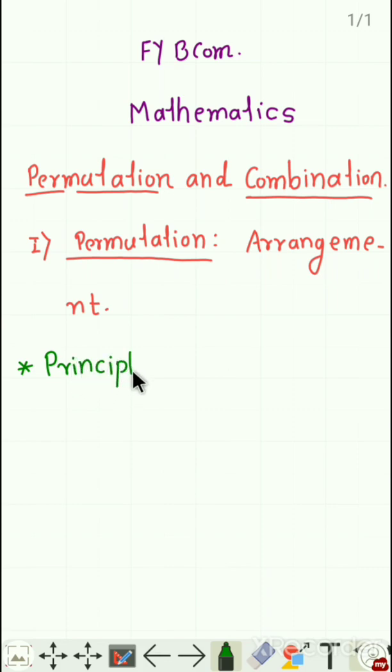Principles. So first is the addition principle.